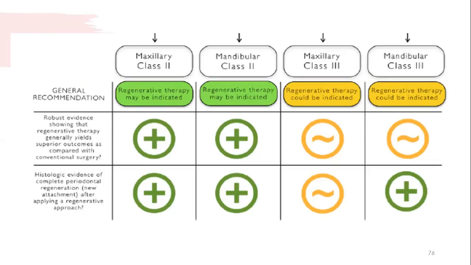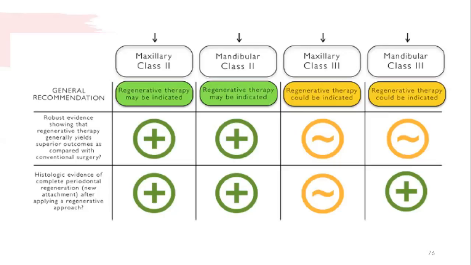Okay. Finally, Anton Sculean recommended some points regarding maxillary and mandibular molars with class 2 furcation involvement. Firstly, there is robust evidence showing that regenerative therapy generally yields superior outcomes as compared with conventional subgingival debridement.